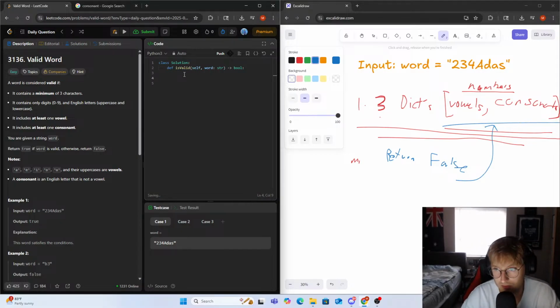So, let's generate a dictionary with all vowels, upper and lowercase.